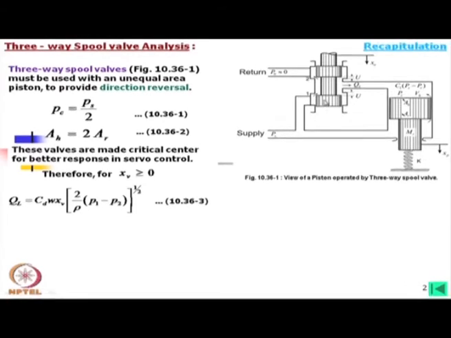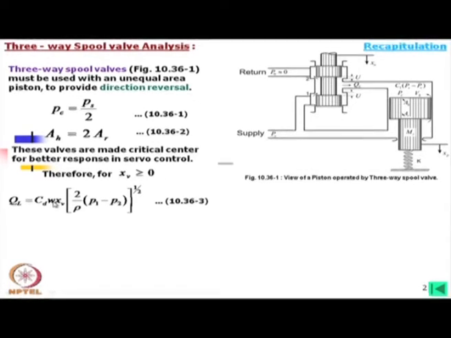In these directions, then, this equation is written as CD, the coefficient of friction, and this is the total area of the orifice. Here W is the width and XP is the spool displacement.